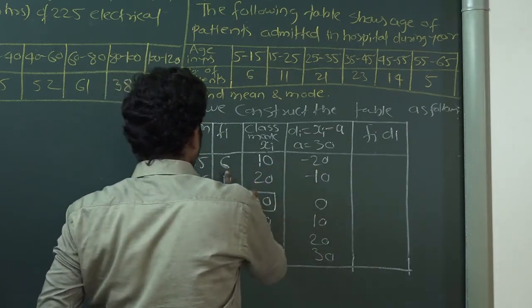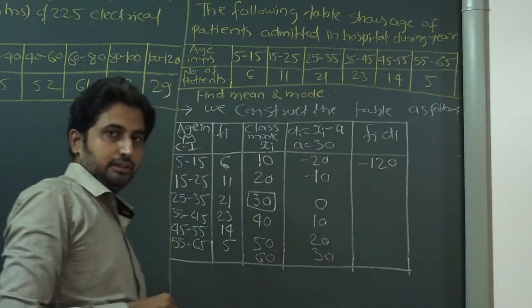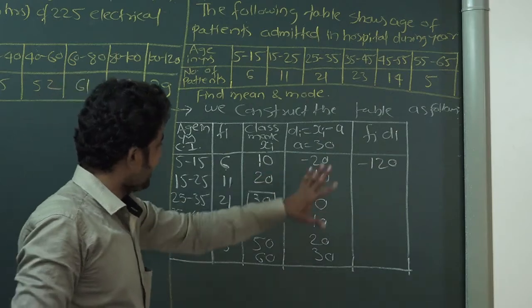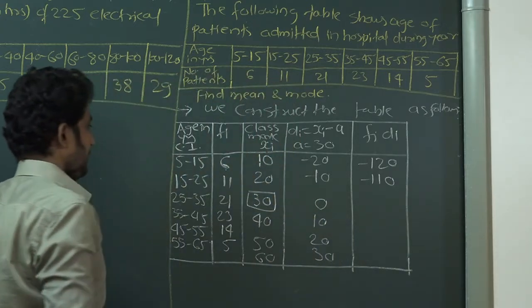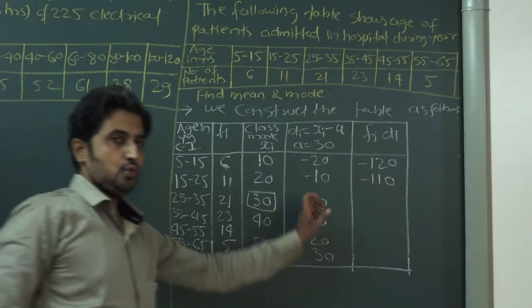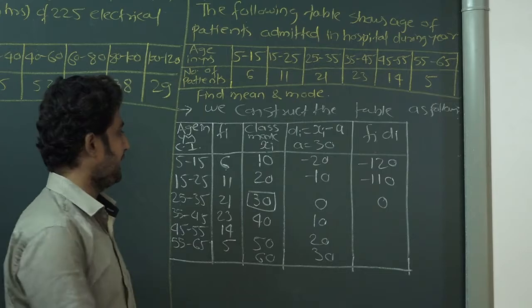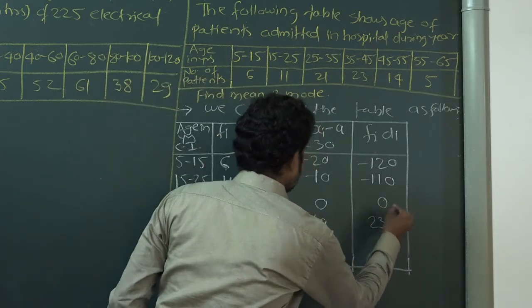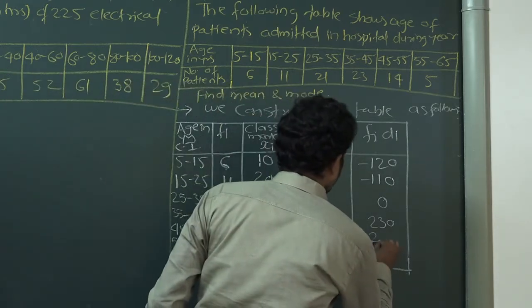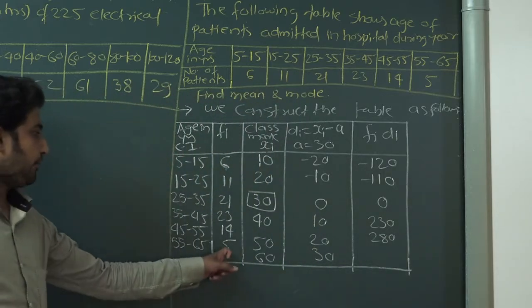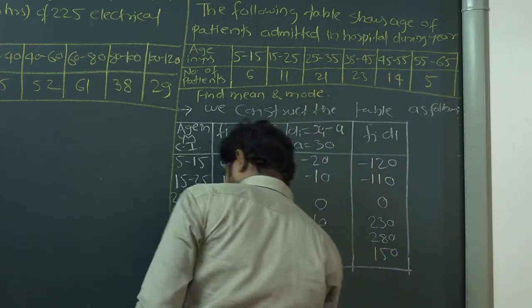So minus 20 into 6, 6 into minus 20, that is minus 120. 11 into minus 10, minus 110. 21 into 0, that becomes 0. 23 into 10, that becomes 230. 14 into 20, that is 280. And 5 into 30, that is 150.